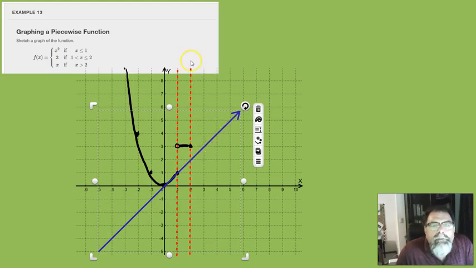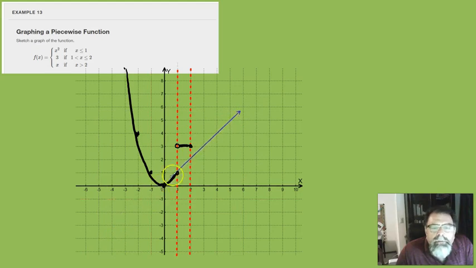But again, we're just doing it for the bottom portion that's greater than 2. So we're not going to do that whole thing. We're going to start here where that red line is, and I'm going to put an open circle on that one. I guess I should have made this black.